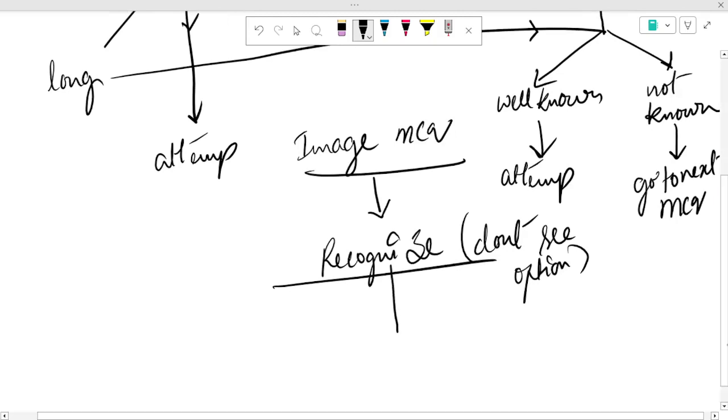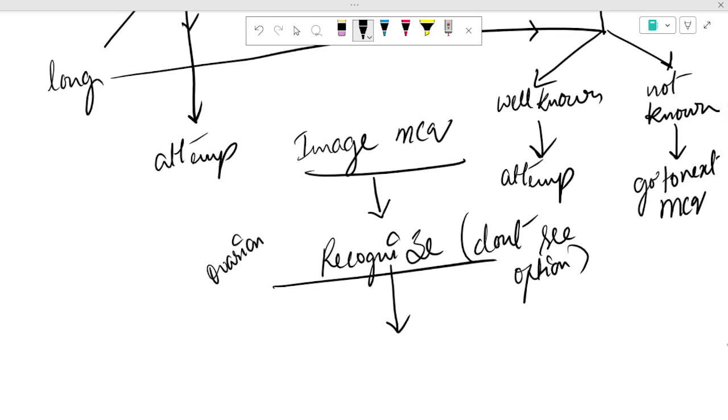For example, if an image was given regarding the ovarian artery, what you do is you just try to analyze the topics which come to your mind instantaneously regarding the ovarian artery.